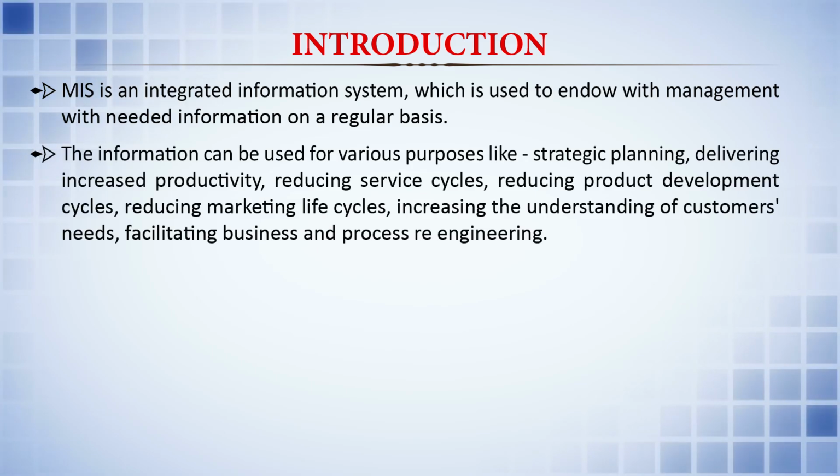The information can be used for various purposes: strategic planning, delivering increased productivity, reducing service cycles, reducing product development cycles, reducing marketing life cycles, increasing the understanding of customers' needs, facilitating business process re-engineering. So, these are the activities to be performed by any management information system.